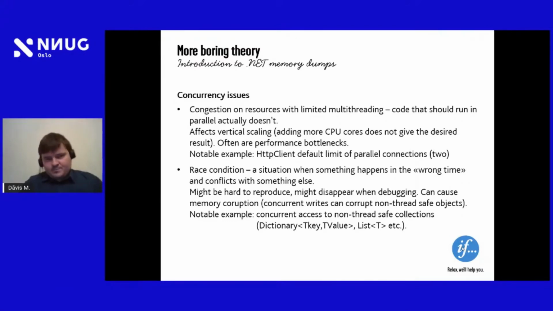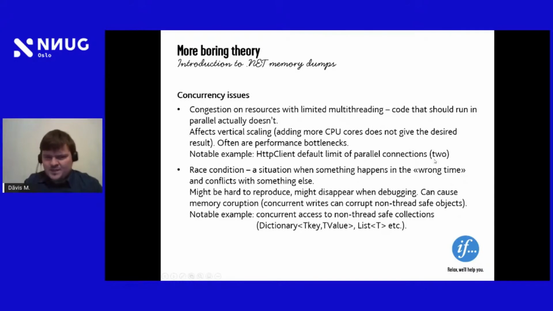This is, let's say, a typical nightmare in typical vertical scaling. You think that you can just change some magic number of threads somewhere and everything will become faster, but actually it doesn't. A very notable example is .NET's HTTP client. By default, as a simplification, it allows only 2 parallel connections.